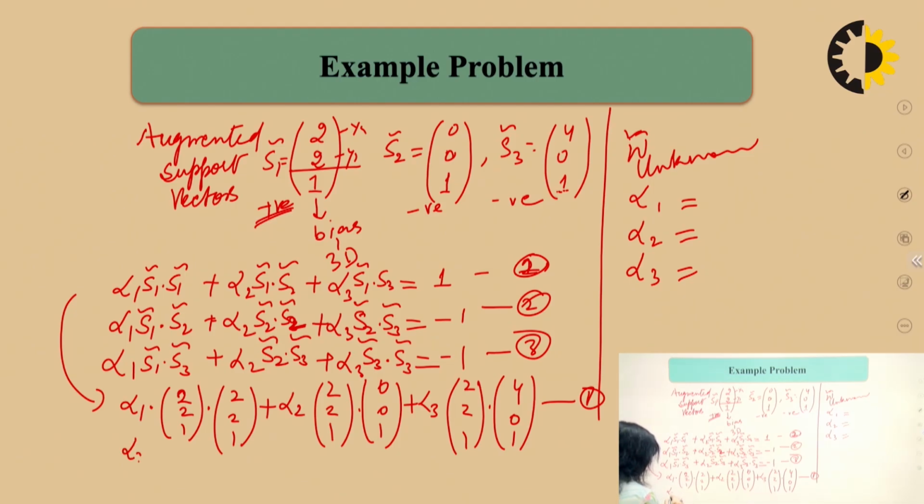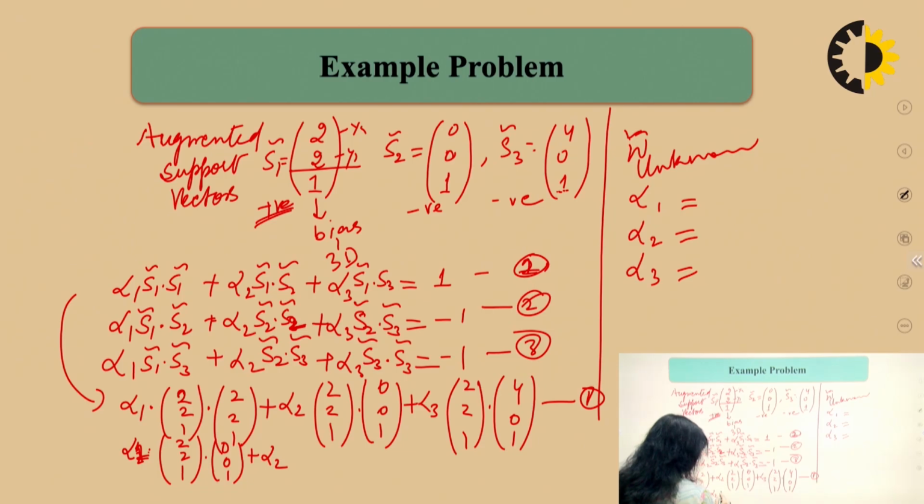Similarly, I can write the other equations. For alpha 1, in the second equation you will keep S1, S2 again. So S1, S2 is 2 to 1 dot product 0, 0, 1, plus alpha 2 with S2, S2. So S2 is 0, 0, 1, and you calculate 0, 0, 1 dot product with 0, 0, 1.